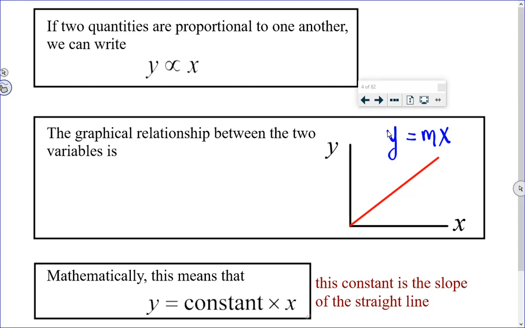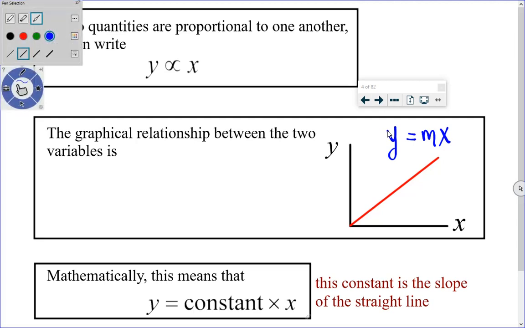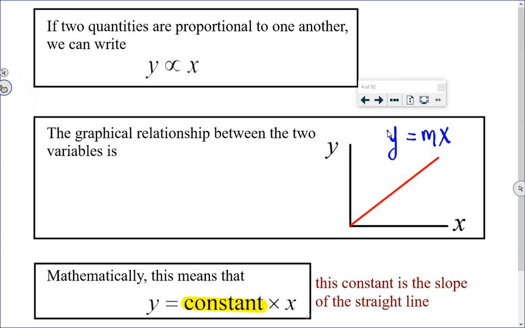What we like to say in science is rather than slope, well, I mean, it is slope. It's very important that you understand that this constant is a slope. But in science class, and particularly in physics, I like to point out to you, since the line is straight, the slope is the same everywhere, which means we like to talk about that number as being constant.